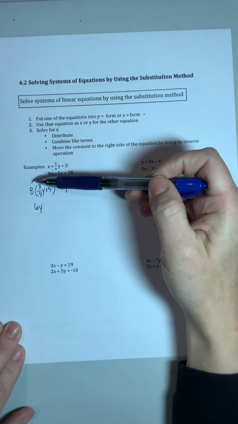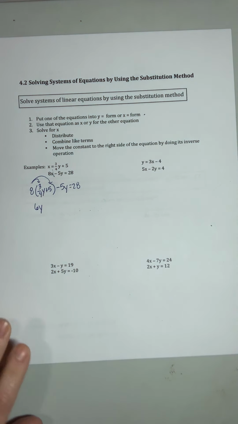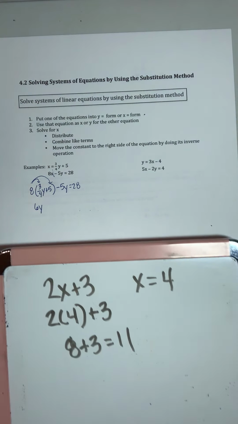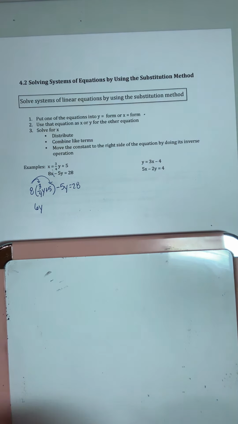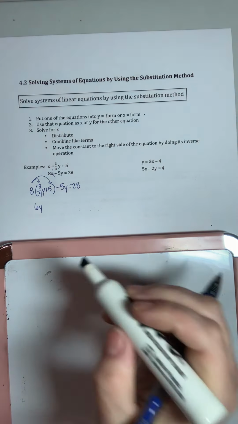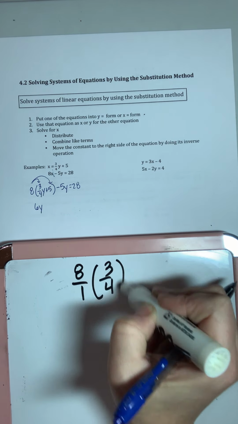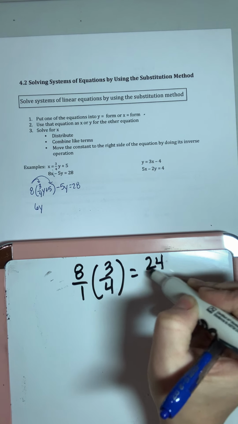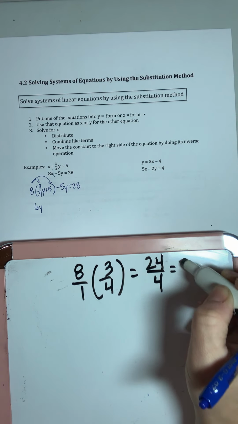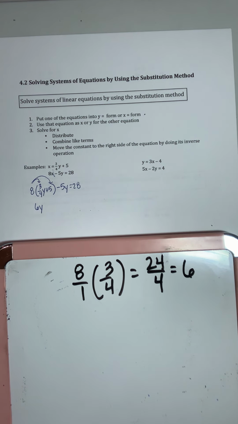Okay, so in multiplication of fractions, in case you forgot, it's the same as doing 8 over 1 times 3 over 4, which is 24 over 4. And 24 divided by 4 is 6. Okay, I just did it a little bit faster.